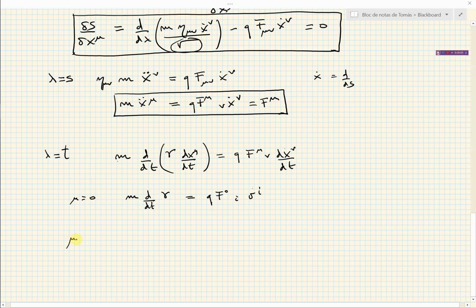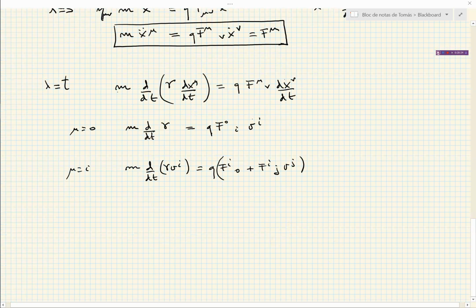Then for mu equal i, you have m d dt of gamma v i equal to q f i 0, but dx0 over dt is 1 in units of c equal to 1, plus f i j v j.